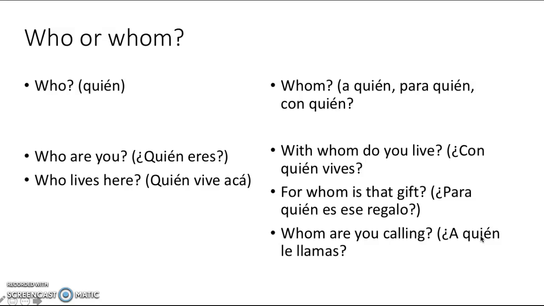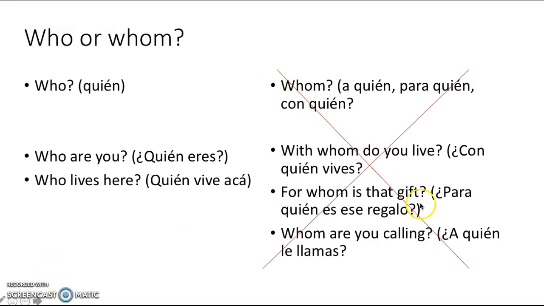All right. What does this have to do with subject-object questions? Well, who goes with subject questions, and whom goes with object questions. However, you may not have heard whom very much in spoken language, and that's because language is constantly evolving, and whom is becoming less and less popular.